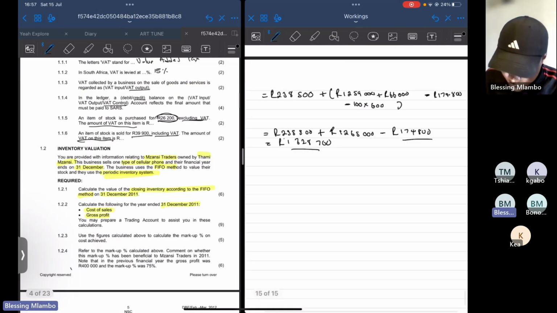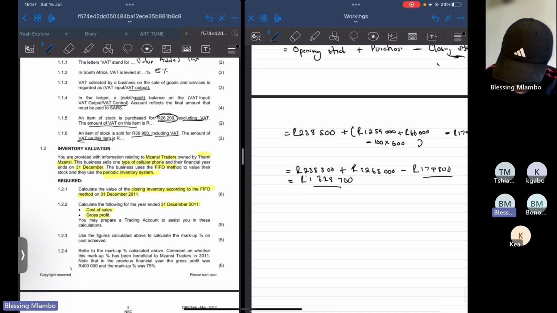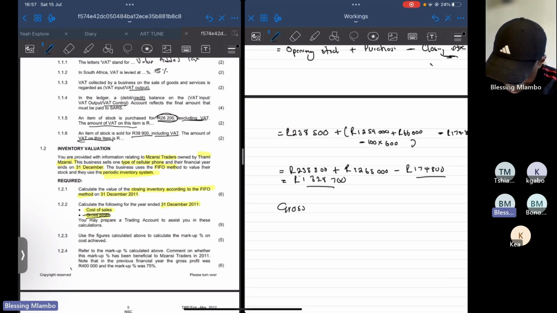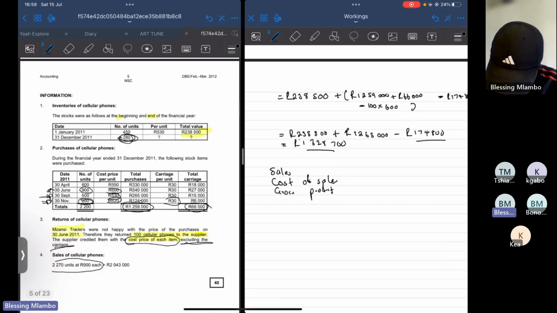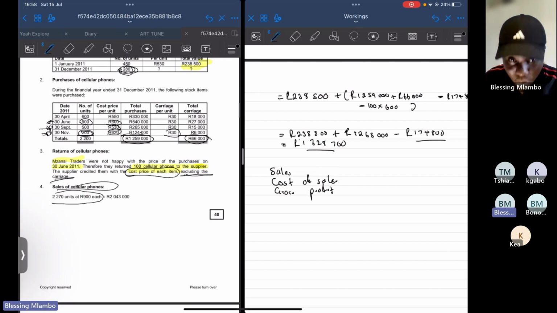But anyway, now they say calculate the gross profit. Remember, it was a two-part question. The second part was gross profit. And we all know that gross profit is what? Think of your income statement. In your income statement, you have your sales, then cost of sales, and then you get gross profit. They said the sales for cell phones was 2,270 units at 900, which ultimately was 2,043,000.